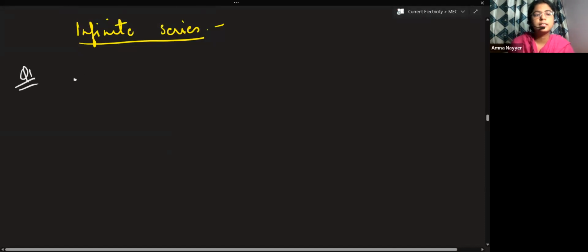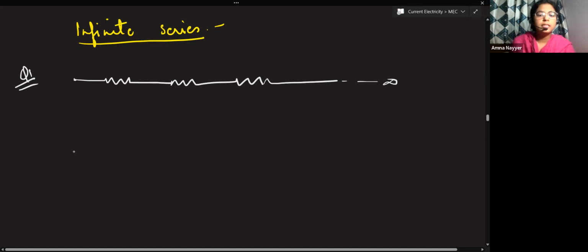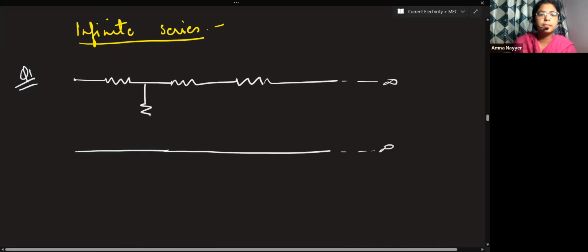Let's take this one resistor, this is another resistor, and so on. It is connected to infinity.